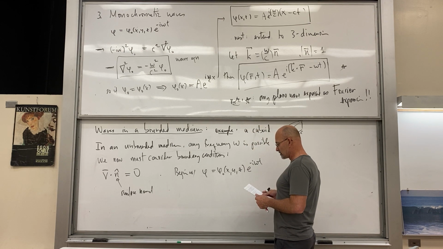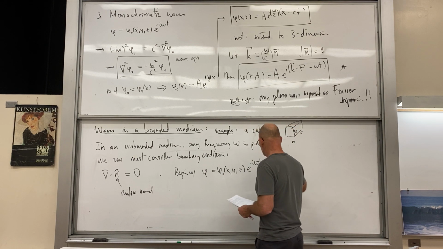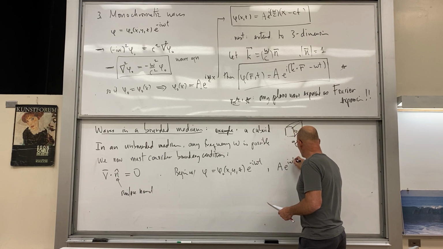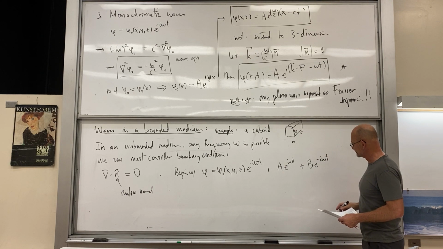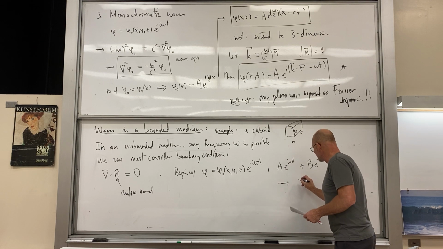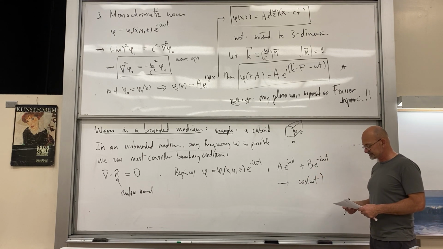Let me write this: A e to the i omega t plus B e to the minus i omega t. So you choose A and B such that we end up with cosine of omega t. Easy enough to do, right?